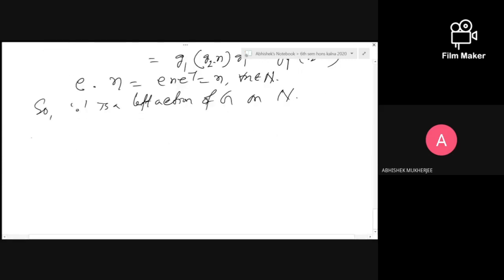So the theorem is that, let X be a G-set.